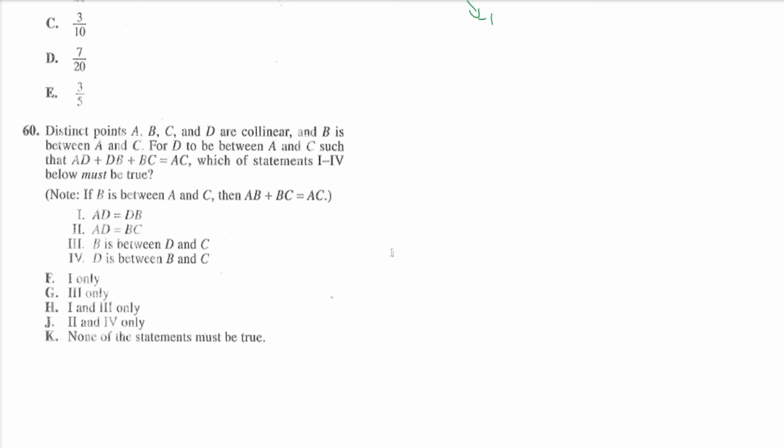B is between D and C. Okay. Well, let's leave that for a second. Let's say why 4 isn't true. D is between B and C. So look at the statement that they give you, right? Look at the steps that they take.